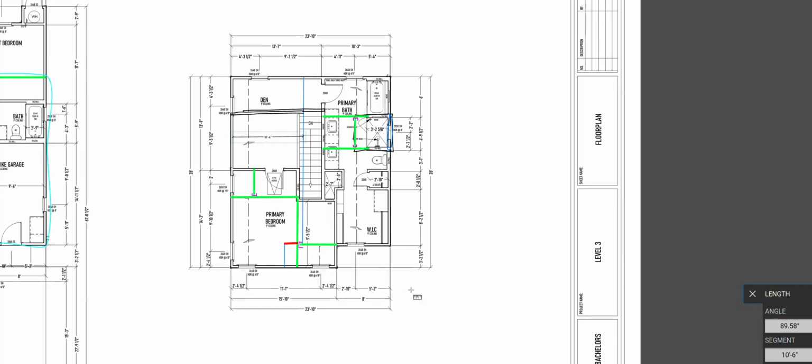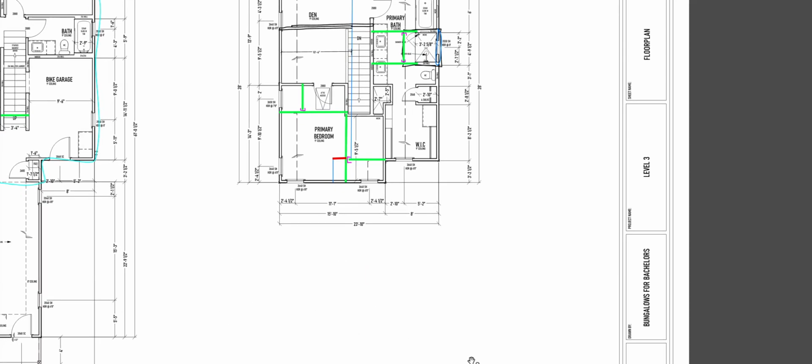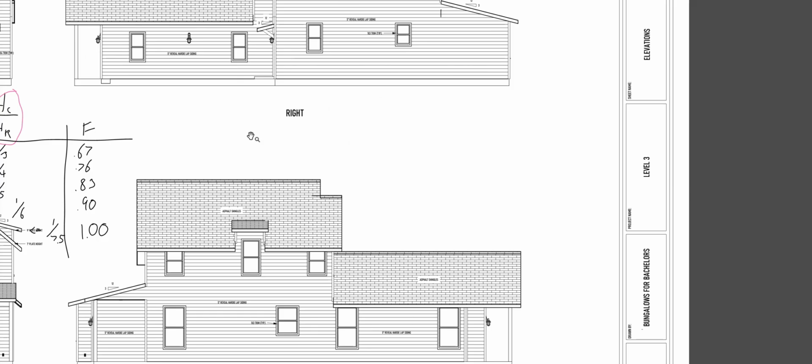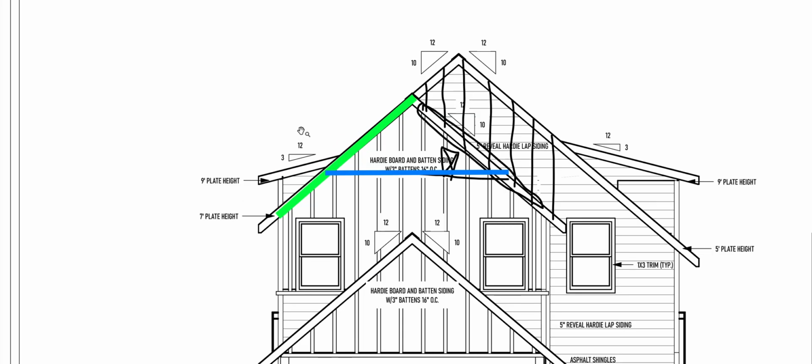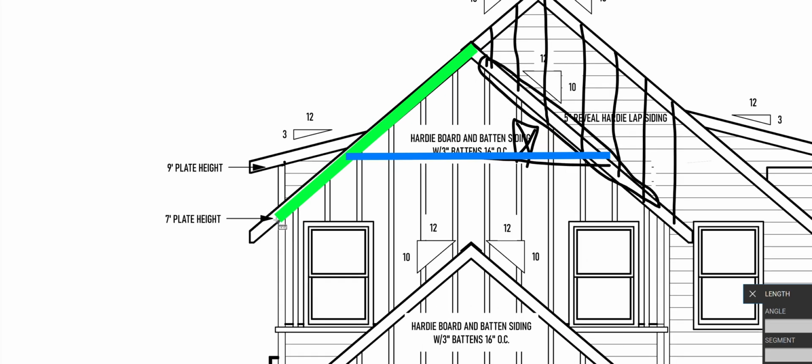So let's figure out the HC over HR value. Let me explain what that is. HC over HR is referring to this. Say that's the height of my ceiling joist, HC, above the wall.